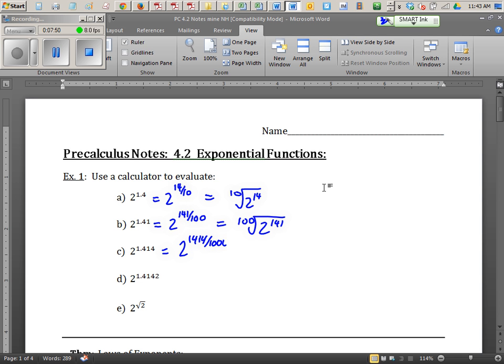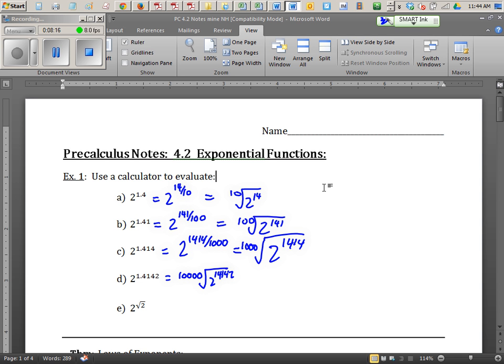Yeah, over 1,000. So it means 2 to the 1,414 power under the rad of 1,000. Right. So we pronounce this the 1,000th root of 2 to the 1,414th power. Yeah, exactly. And the next one similarly would mean the 10,000th root of 2 to the 14,142.